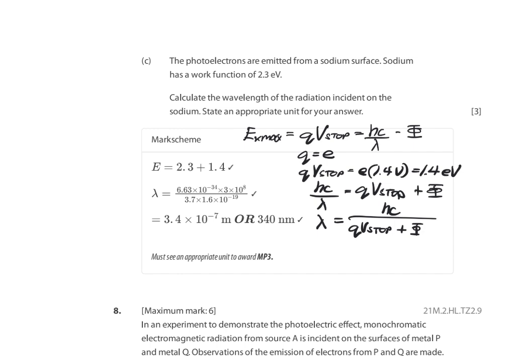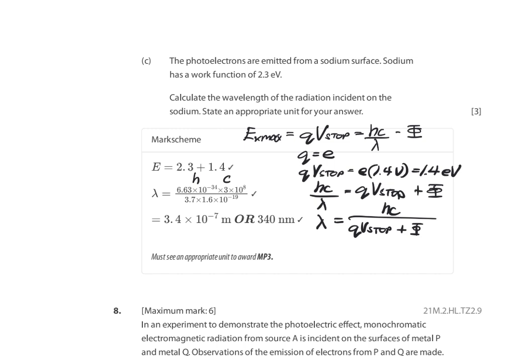And the work function is 2.3 eV, so we wind up with hc over lambda equals the qV stop, the 1.4 eV, plus the work function. So when you solve for lambda, you get hc over qV stop plus the work function. And so that's what we have right here in the mark scheme. There's h, there's c, here's the sum of the 2.3 and the 1.4.